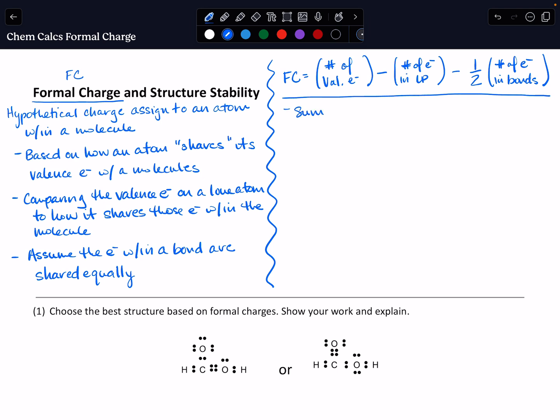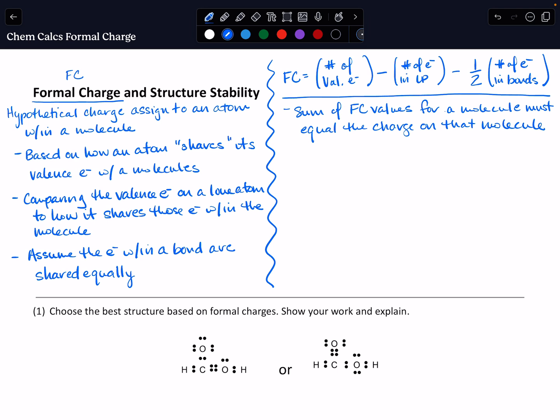The sum of the formal charge values for a molecule must equal the charge on that molecule.